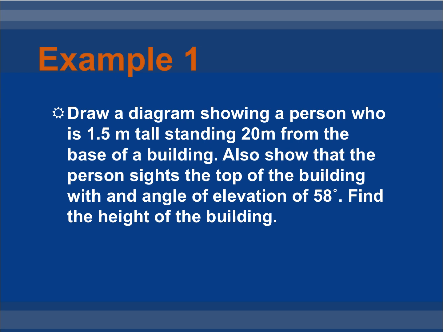It says, draw a diagram showing a person who is 1.5 meters tall, standing 20 meters from the base of the building. Also show that the person sights the top of the building with an angle of elevation of 58 degrees. Find the height of the building. So you will have questions like this on your test.